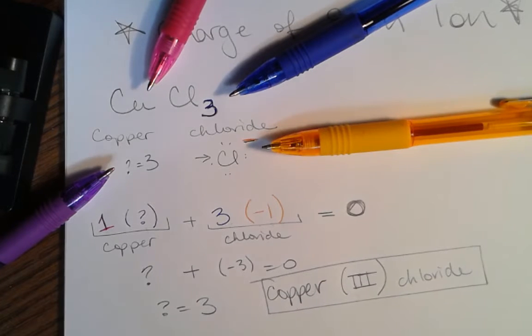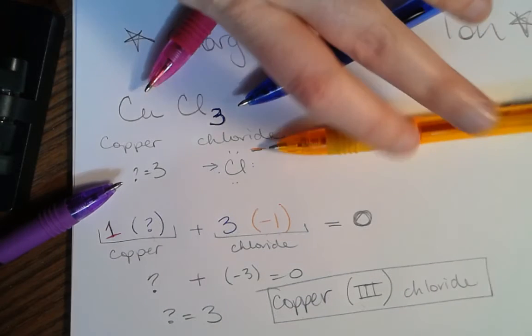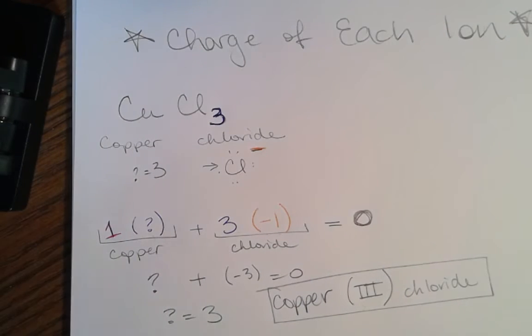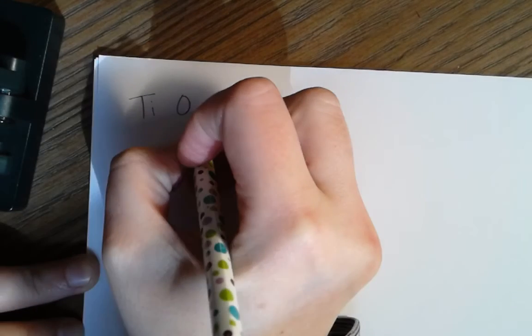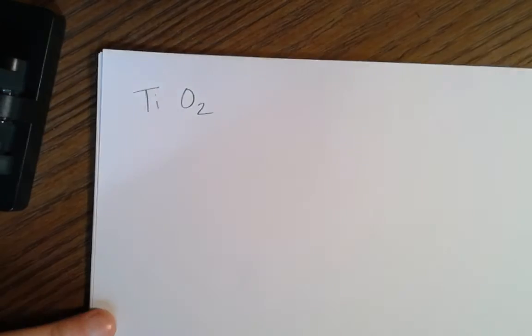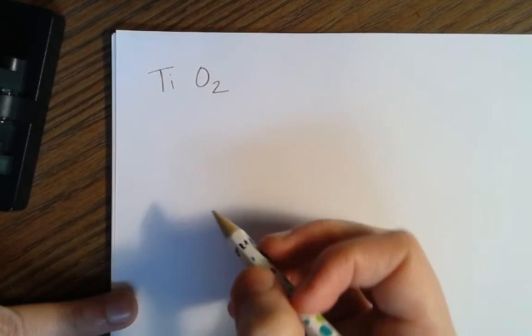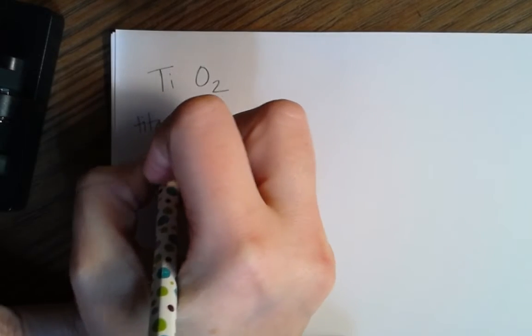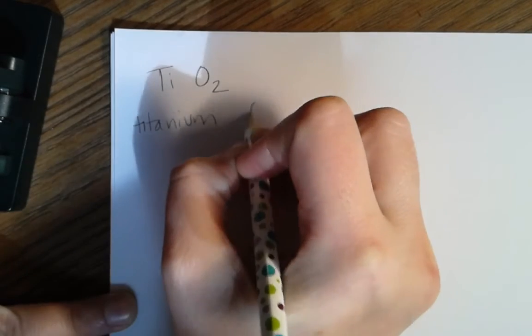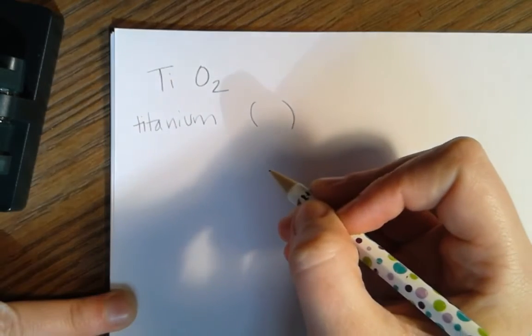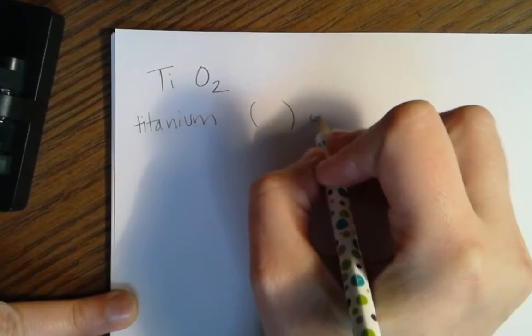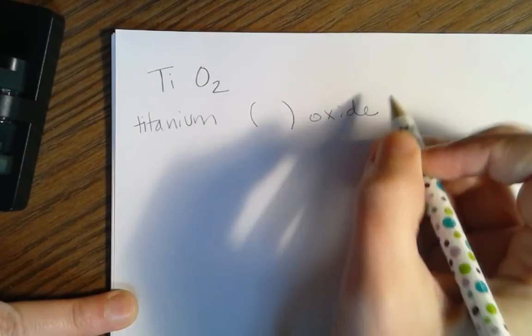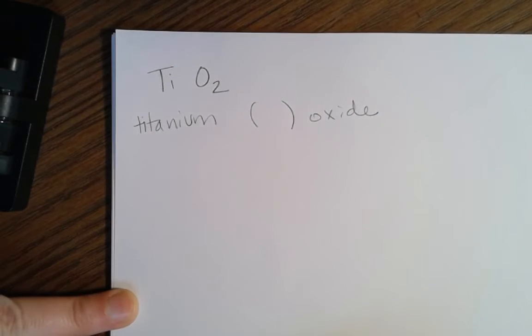Let's do another example. If I give you this, there's your formula. We can draft it. We can say it's some titanium. But we know we're going to need to fill in with the charge. Here's our oxide. Charge is key.